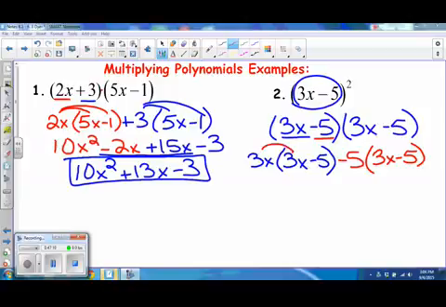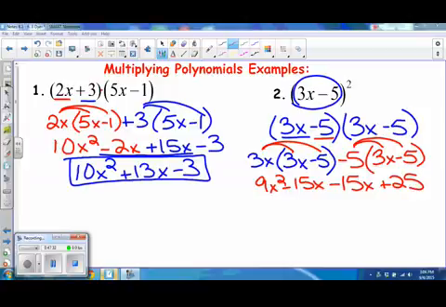So, 3x times 3x is 9x squared. 3x times negative 5 is... I'm done with that one, right? Now we'll do this one. Negative 5 times 3x is? Negative 5 times negative 5 is?